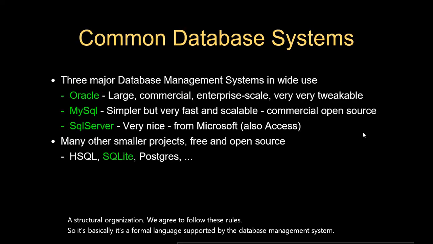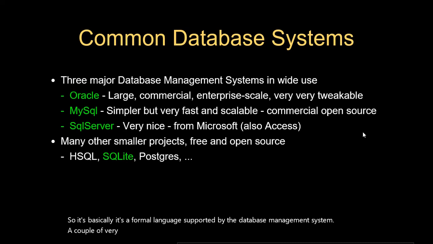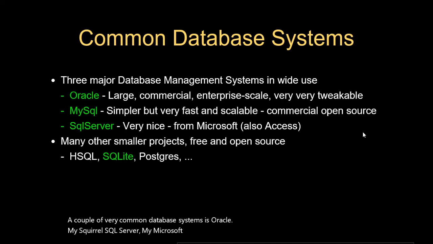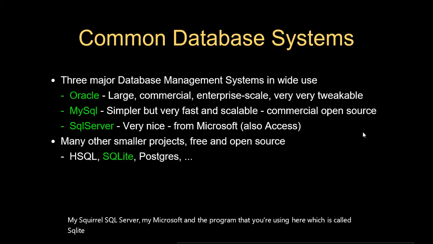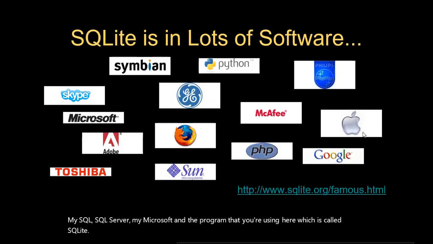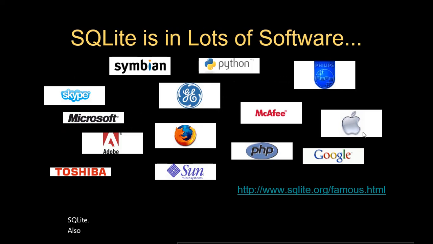A couple of very common database systems are Oracle, MySQL, SQL Server by Microsoft, and the program that we are using here, called SQLite. SQLite has also been implemented and is being used by a lot of other software, including Python.